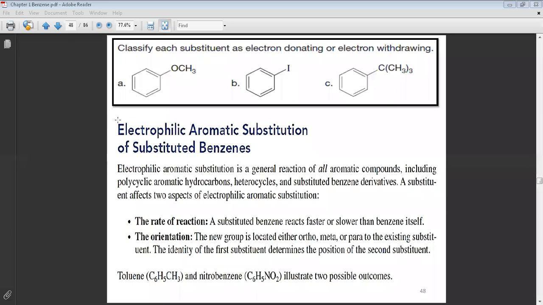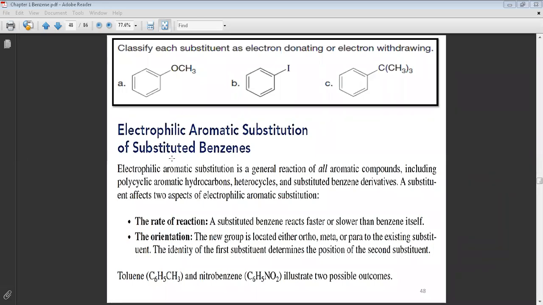We will continue our subject with electrophilic aromatic substitution of substituted benzene. Of course, benzene is one of the aromatic compounds. We took the electrophilic aromatic substitution before, just for benzene. But today we will talk about substituted benzene.